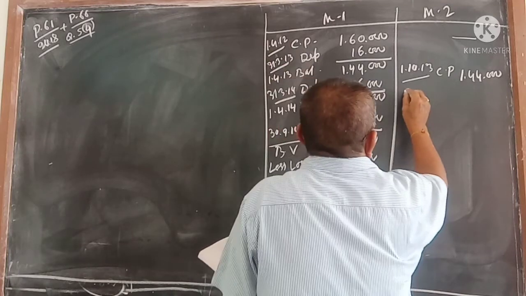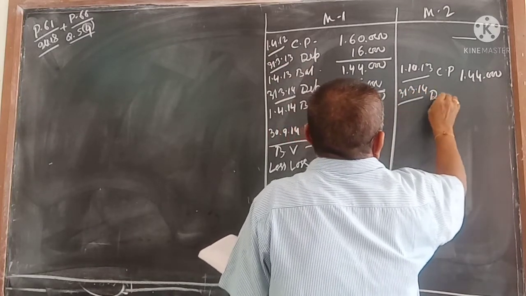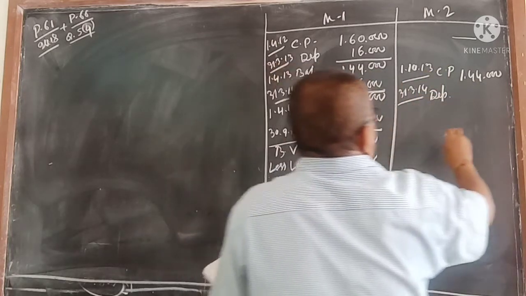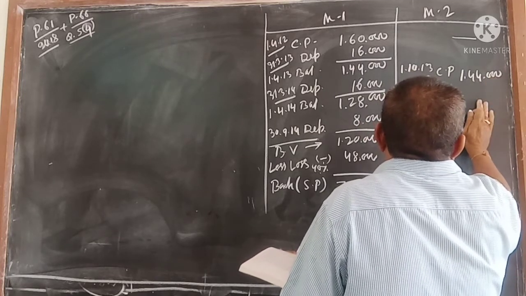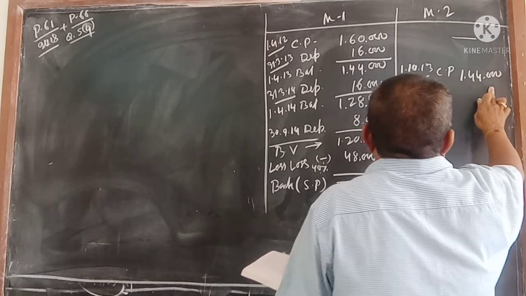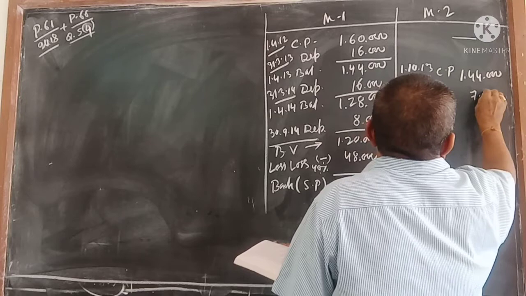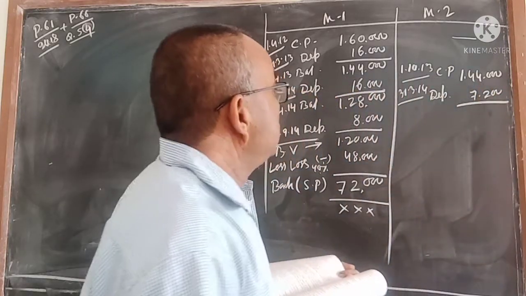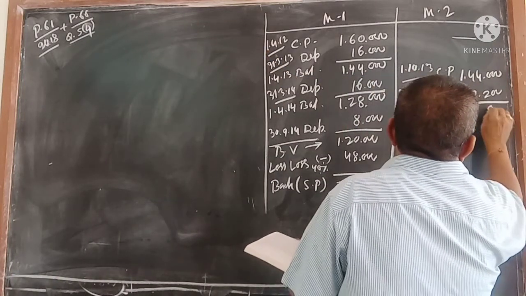Now charge the depreciation on 31/3/14. How much depreciation do we charge? 10%, which comes to 14,400. But as it is for 6 months, it will come to 7,200. 14,400 is the full depreciation, so 7,200 is the half depreciation.